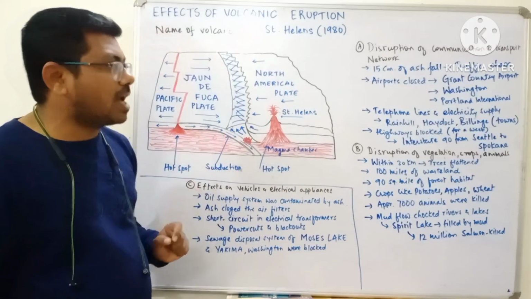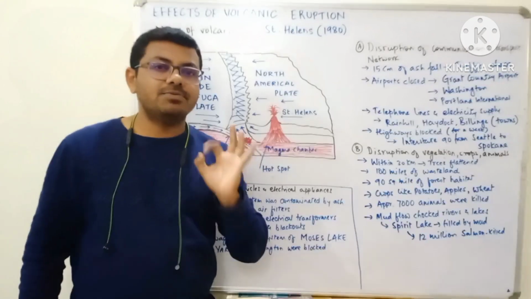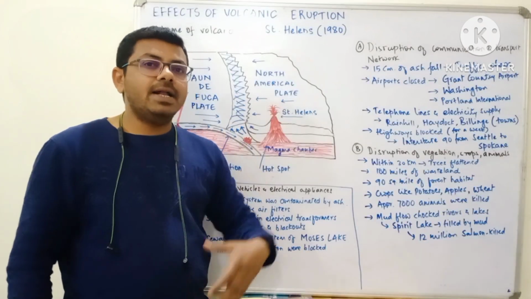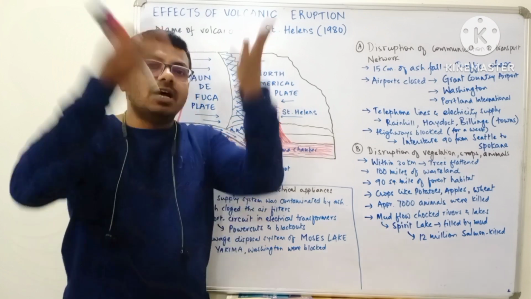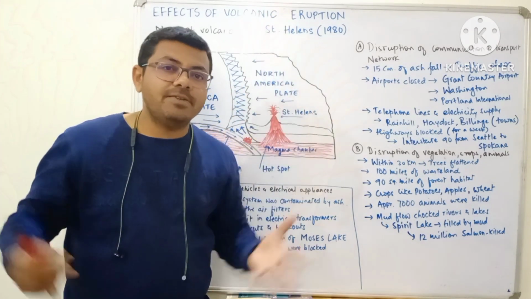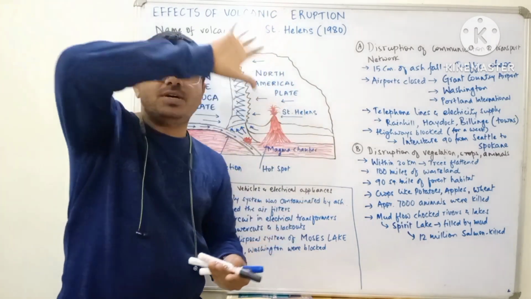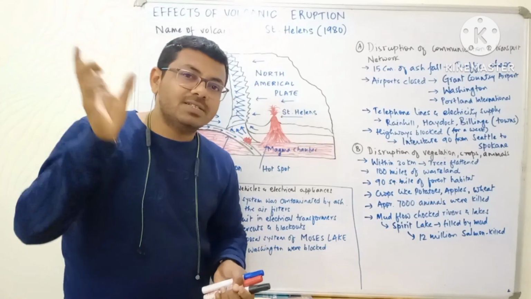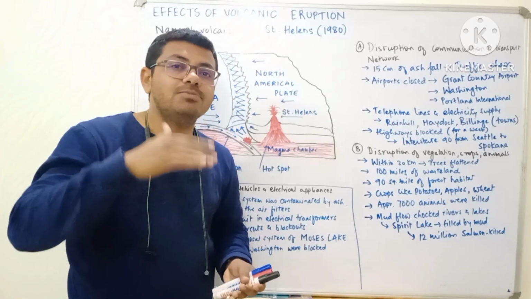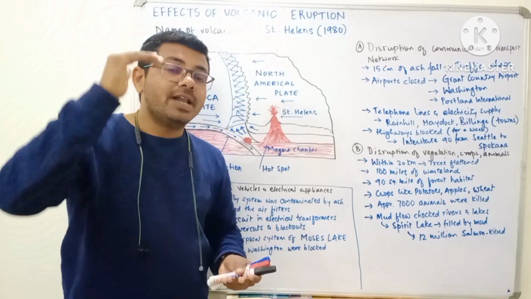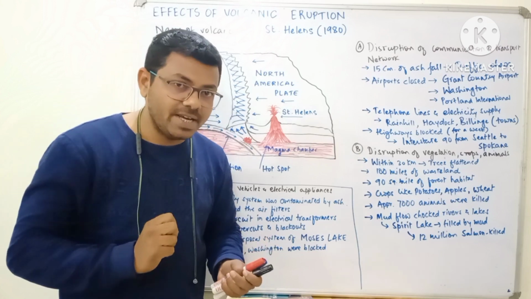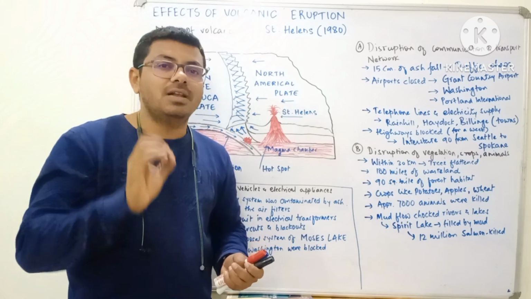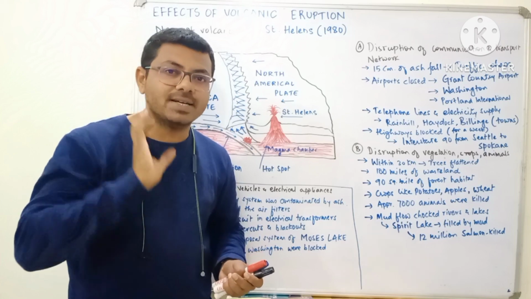First of all, what happened? Whenever a volcanic eruption takes place, you know that ash comes out with different types of gases. So it will cover the sky. During this time, the visibility becomes very poor, right? And because of poor visibility, flights are not allowed because there could be accidents.